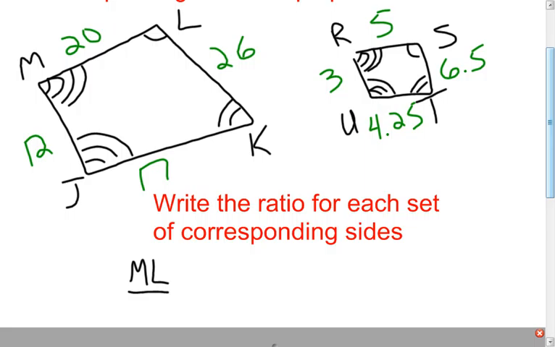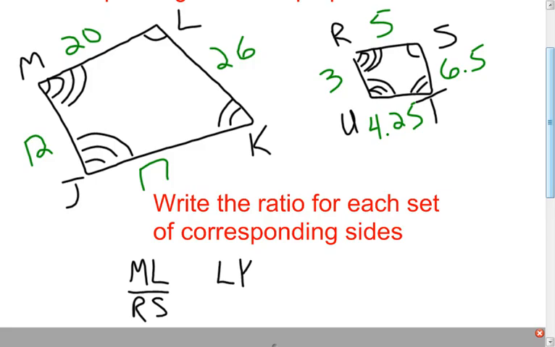So I look at the length of segment ML, and the way I figure out which one it has to match up with is I look at angle M, quadruple arc, and angle L, single arc. So segment ML has to match up with those same angles. Here, angle R has the quadruple arc and angle S has the single arc, so this matches up with the length of segment RS. Now I'm just going to work my way around.